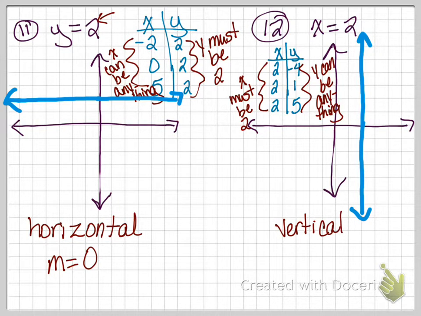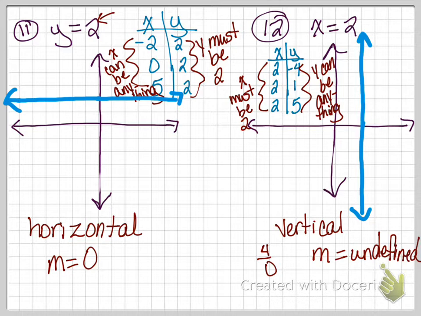Anybody know what the slope is for a vertical line? What's the slope for a vertical line? It's not 0. It's undefined because you get a 0 in the denominator.